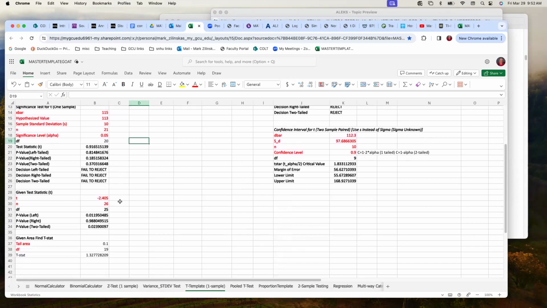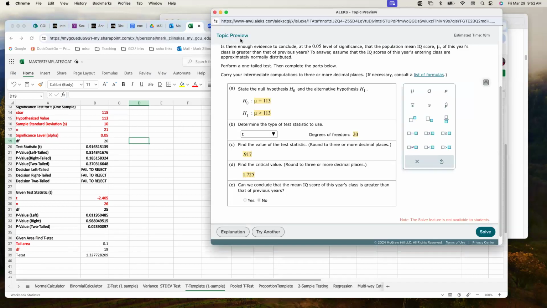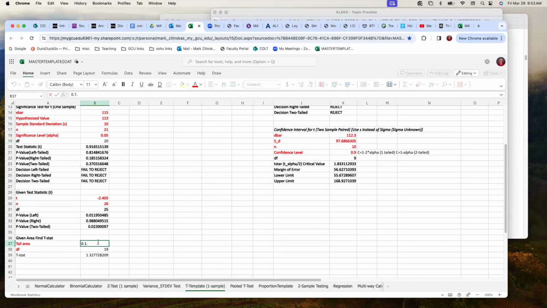The other thing I said was, where does the 1.725 come from? Where does this critical value come from? Well, the other place that we can get it is on here: given the area, find the t statistic. If we say the tail area right here is 0.05, and we put in 20 degrees of freedom, here is your 1.725.